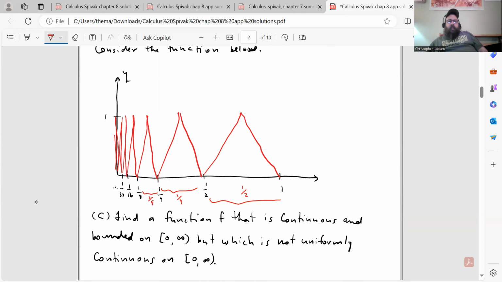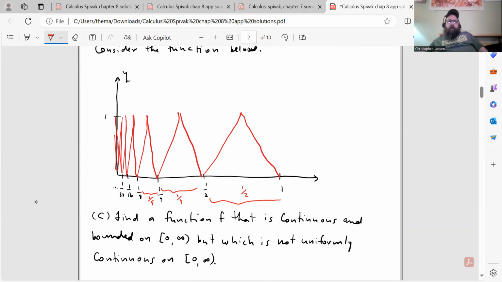So this width here would be 1 over 8. As you get closer and closer to 0, you still have these mountain shapes, but they get thinner and thinner as you get closer and closer to the origin. So you can think of it like a tangent line at a point getting steeper and steeper as you get closer and closer to 0.